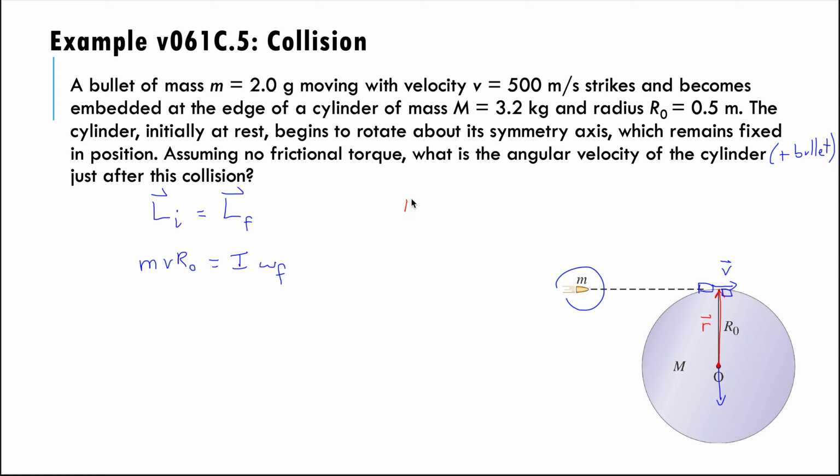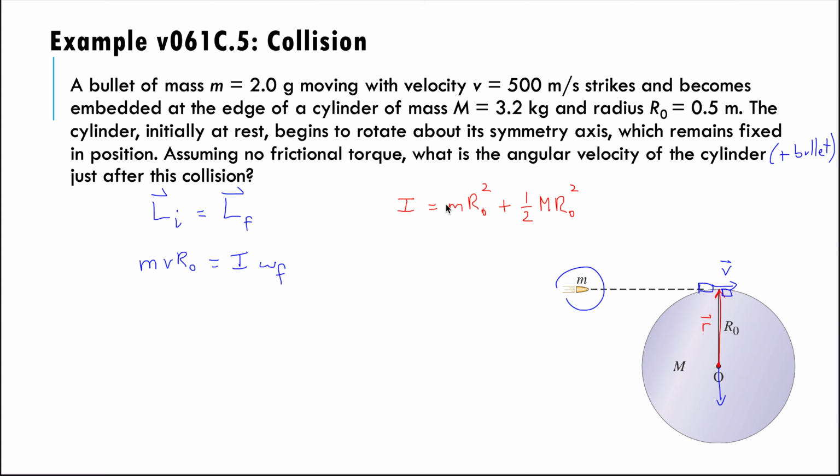The moment of inertia of the bullet and the cylinder together. Well, the bullet is just a particle, so we use the mr squared definition, where r is r naught. It's the distance from the axis to where the mass is. So this is for the bullet. And then we have to add the moment of inertia of the cylinder, which is a solid disk and has a moment of inertia 1/2 MR squared, where once again we use r naught for the radius.